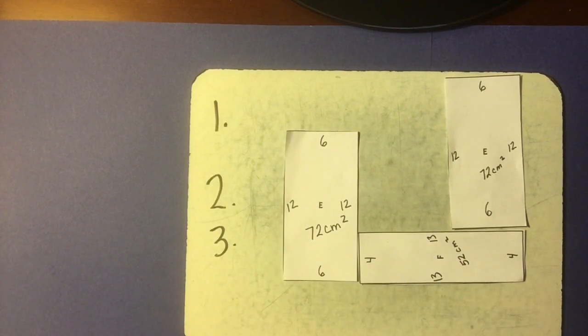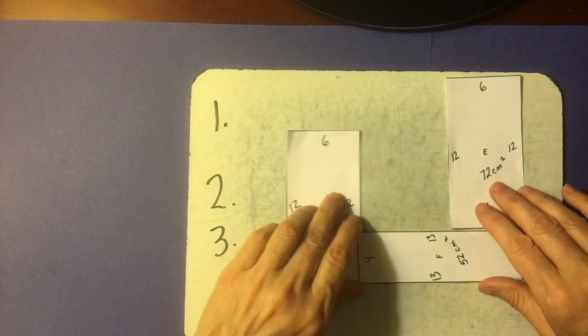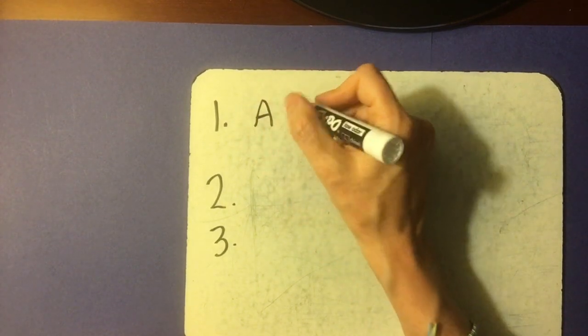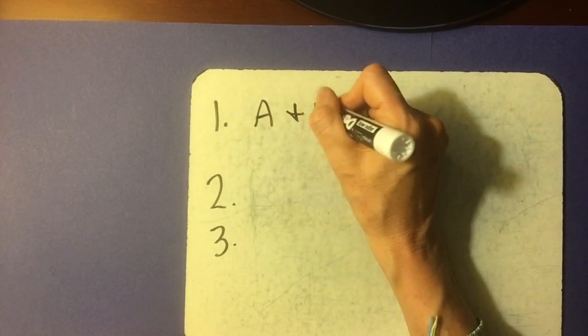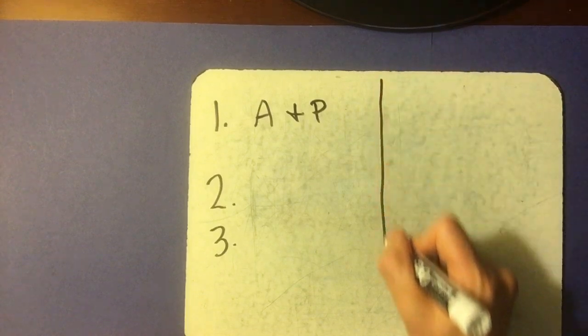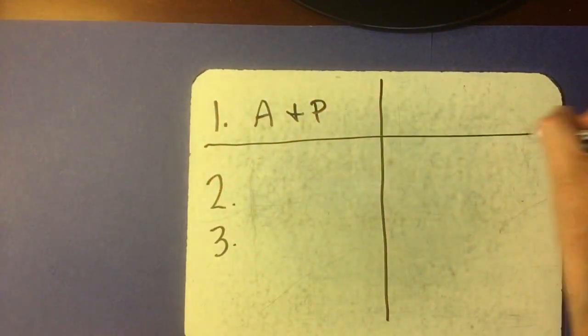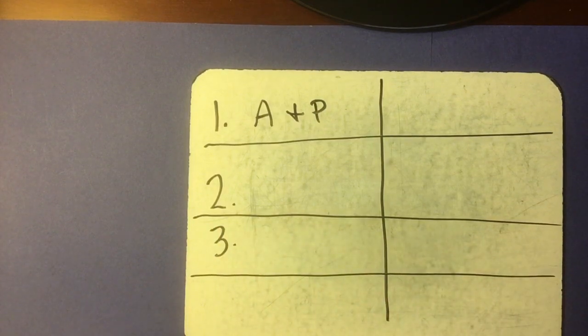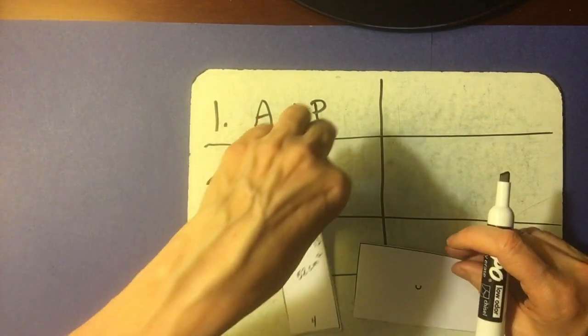So just to be clear, what you're going to do is you're going to do 3 different irregular shapes. You're going to find the area and the perimeter for each one. So you'll have 2 different answers for each set of rectangles that you put together.